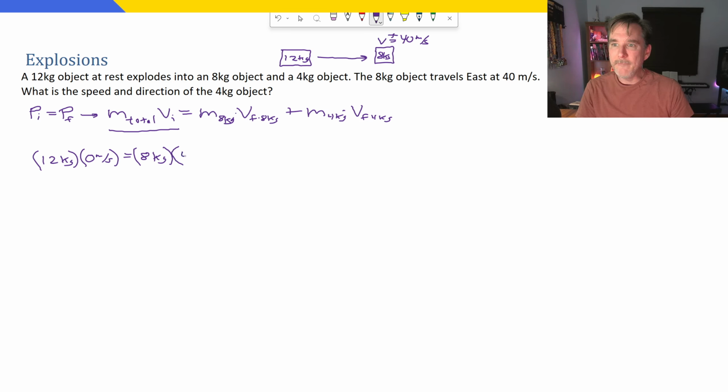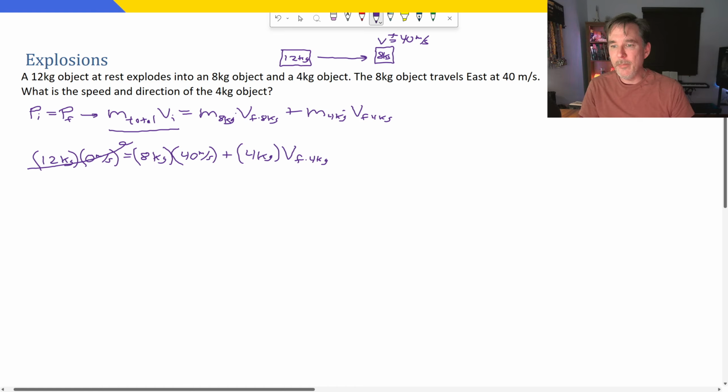So that's 40 positive meters per second, plus the mass of the 4 kilogram object, so 4 kilograms times the velocity final of the 4 kilogram object, which we don't know. So as you can see, we have stuff we can solve for. Anything times 0 is 0. Then 40 times 8.